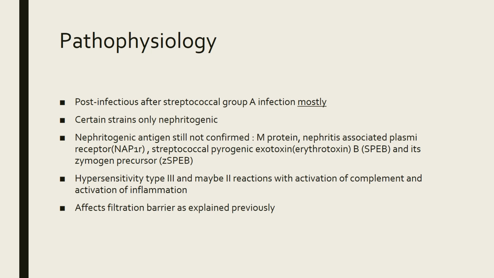With complement production and chemoattractants, we get inflammatory cells such as neutrophils flooding into this area, causing further inflammation and damage, and we get clogging of the loop capillaries with neutrophils, and we get activation or proliferation of resident cells such as mesangial cells and endothelial cells, and we end up with what is known as endocapillary proliferative glomerulonephritis.